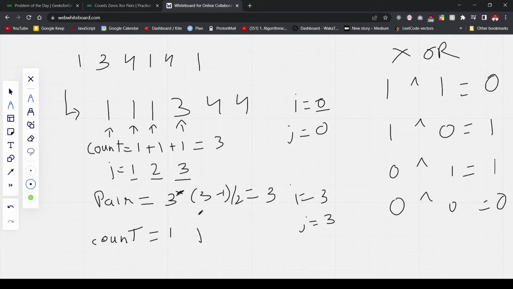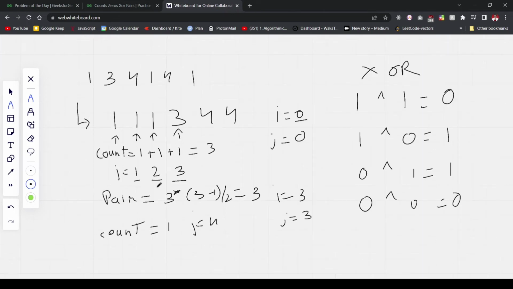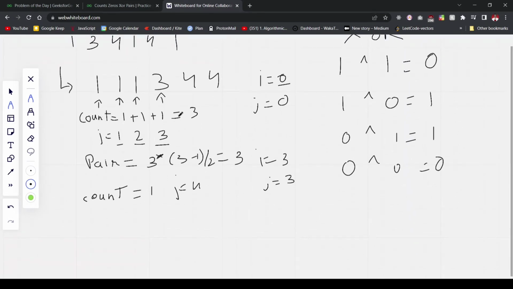So my j would be 4. Now after moving j, since 4 and 3 are not equal, I'll get the pair value for the element 3 to be 1 times 1 minus 1 by 2, which is nothing but 0.